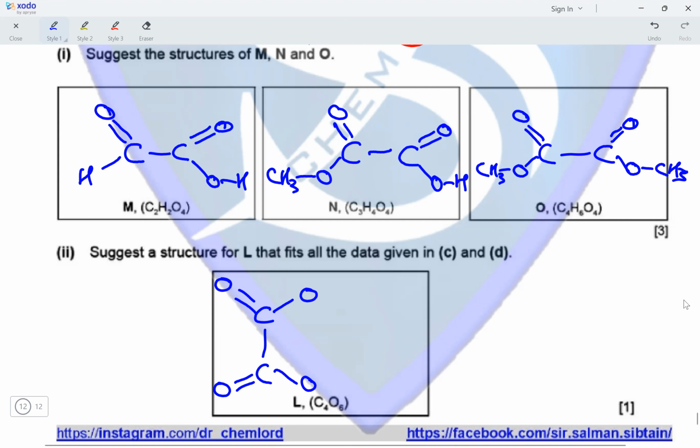So the only way all four carbon atoms in L have a single environment is if on the other side of the single bond O, we have two more C double bond O groups. So in this way, we end up with the molecular formula C4O6. So this is the structure of L with four carbon atoms all present in a single environment.